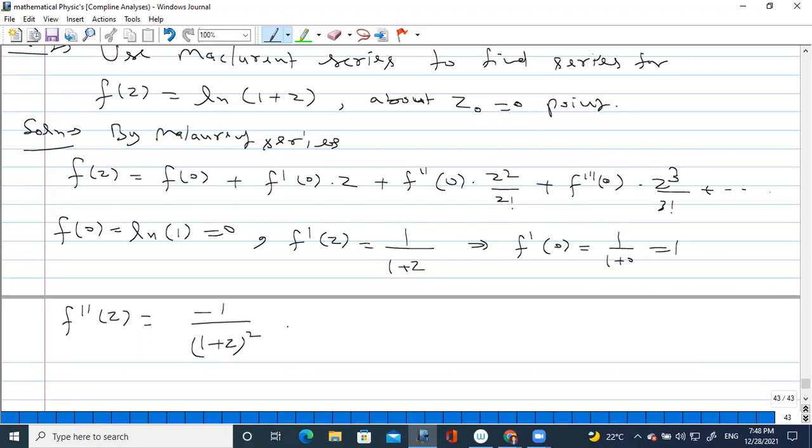This is the double differentiation. So in that also I will put z equal to 0. So f''(0) will become minus 1 upon 1 whole square. So answer is minus 1.